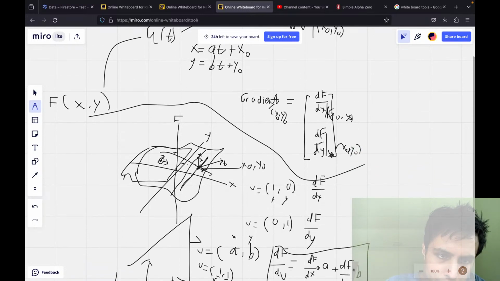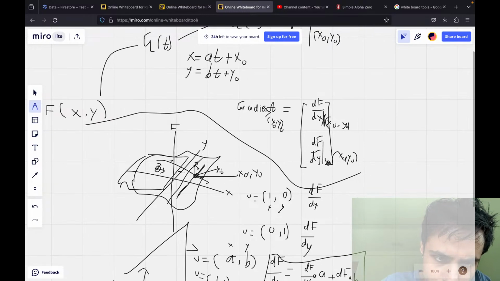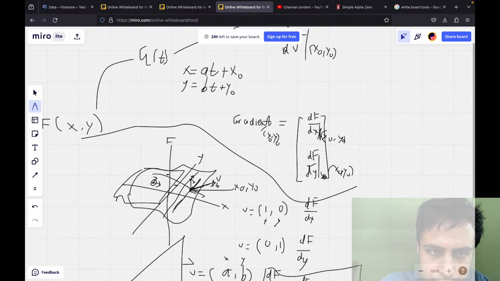Back to this picture. This is x naught, y naught right here. That's the point. If we go back to the xy plane and move in the x direction, we get some change, and moving in the y direction, we get some change. Now we've introduced a new vector, v, which is a and b.